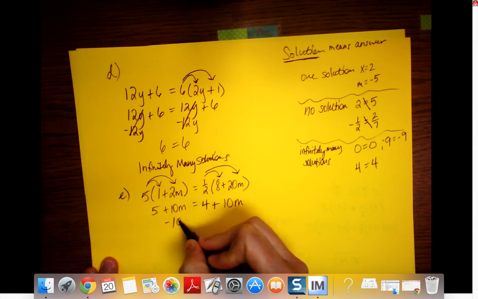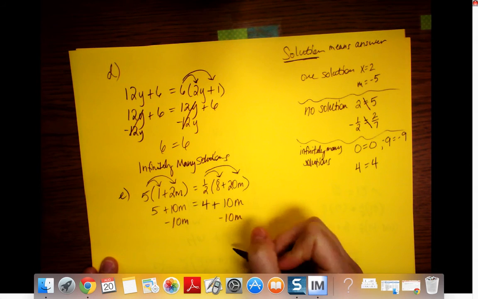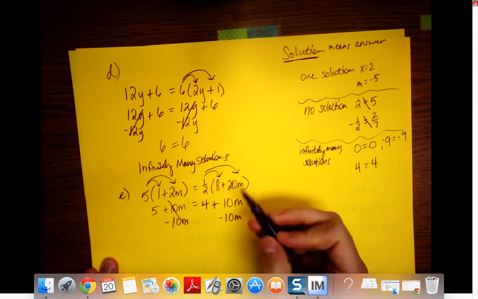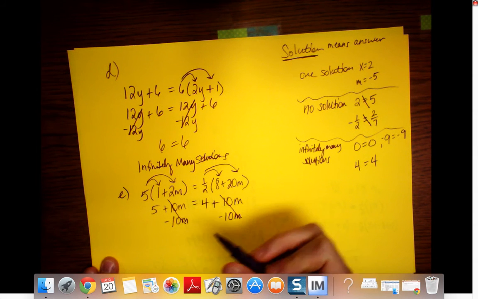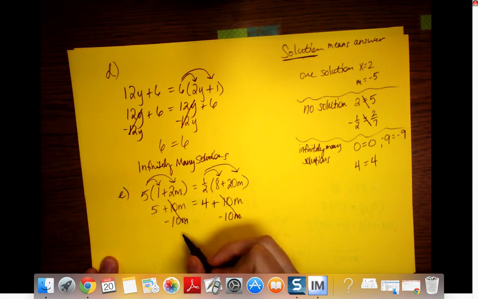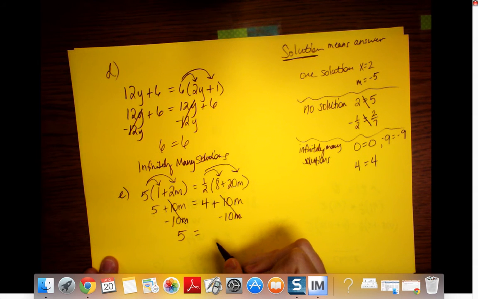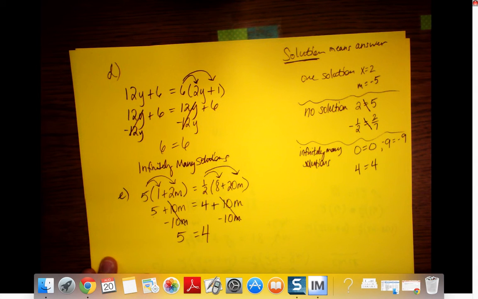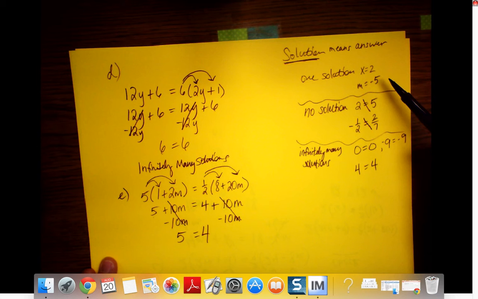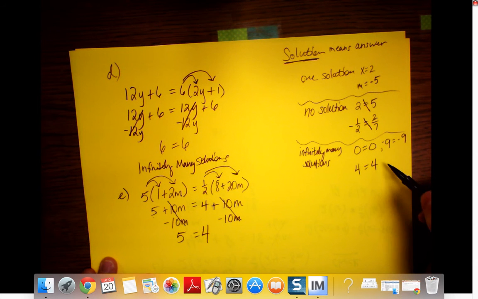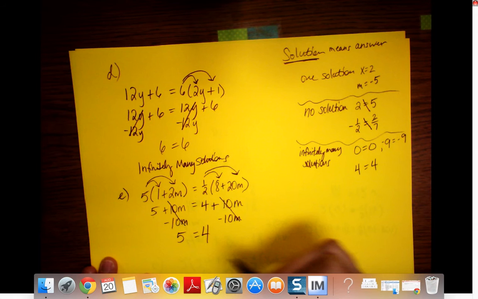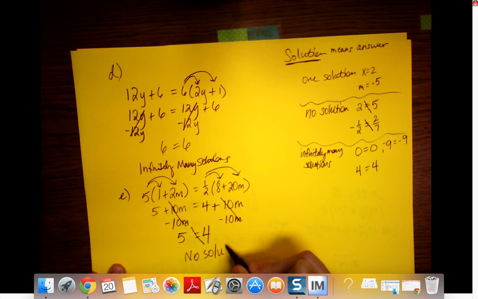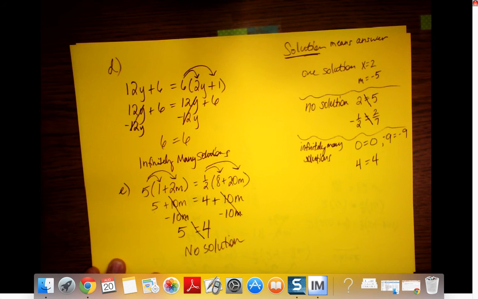Now we want to get our variables together, so we're going to do the opposite operation to move one to the other side. Well, that is 0, that is 0, and you bring down what's left. Over here you have a 5, equal sign in the middle, and here you have a 4. So which solution would it be? Would it be one solution, no solution, or infinitely many? This would be no solution. Because 5 does not equal 4.